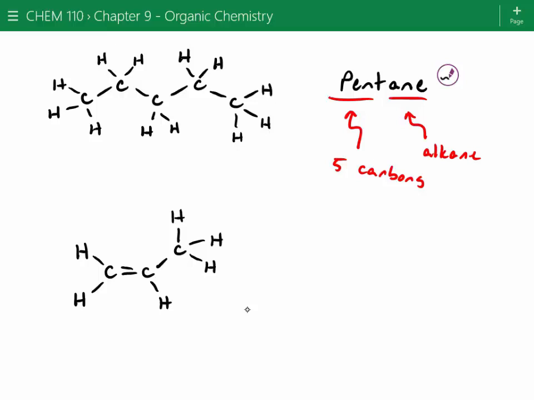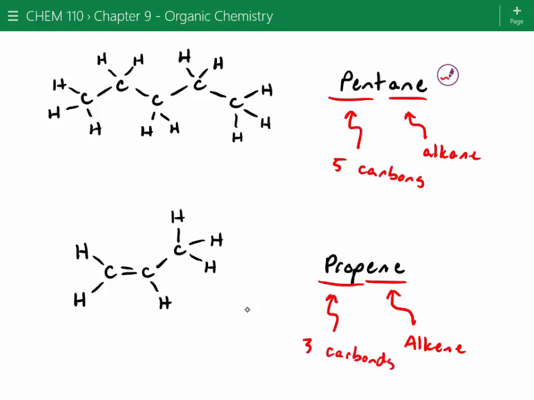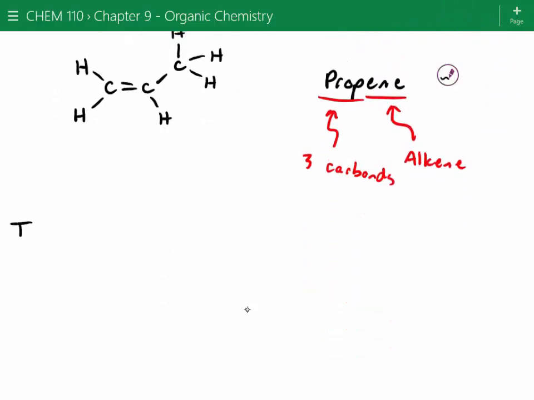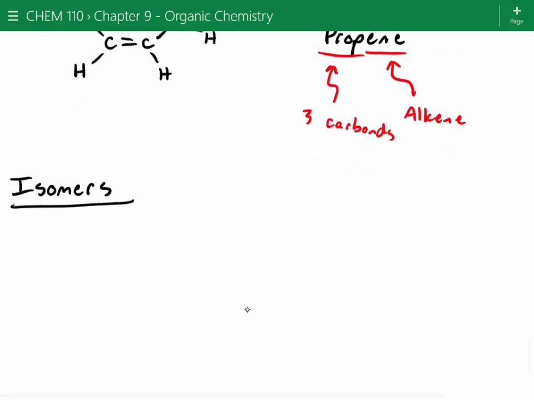So pro, and then we've got a double bond in there, which means it's an alkene. So in this case, this would be propene. All right, so we've got an alkene with 3 carbons. Now it looks pretty simple, but there is a slight curveball. And this curveball is called isomerism or isomers.